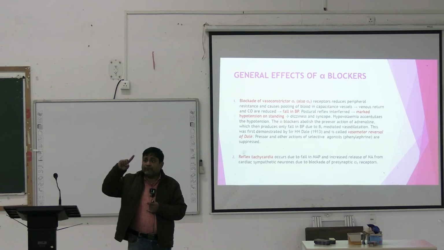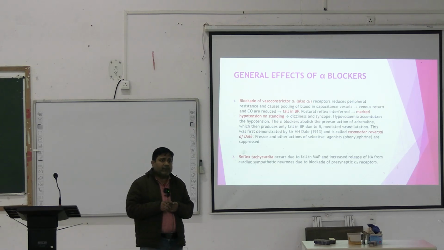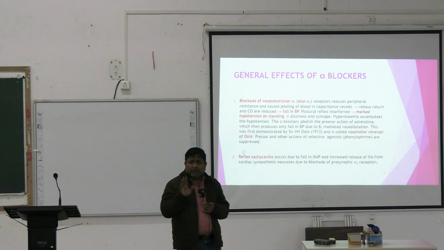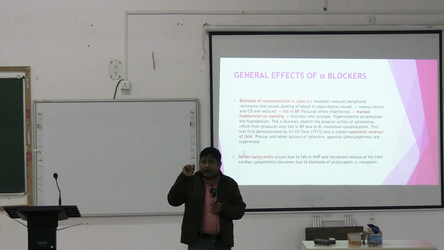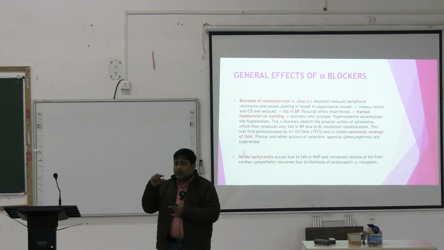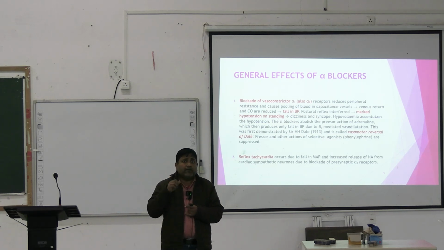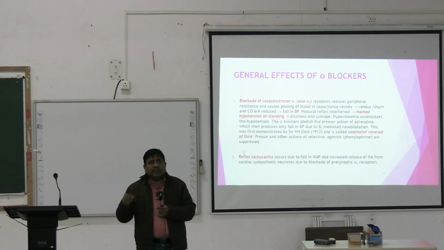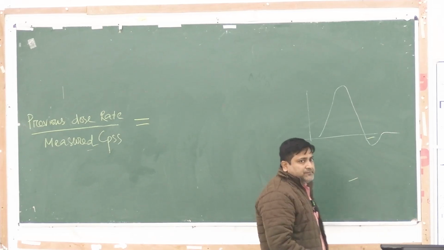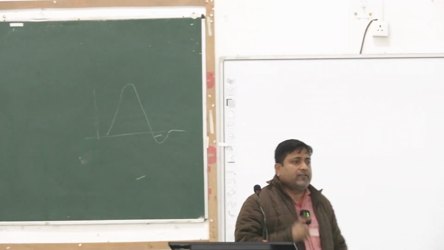Initially there is rise in blood pressure because of beta 1 and alpha action. Now after the concentration of adrenaline starts to fall in the body, due to the lower concentration of adrenaline around the receptor, beta receptor action is seen. Due to beta 2 mediated vasodilatation, there is fall in blood pressure. That is a normal response seen after intravenous injection of adrenaline.